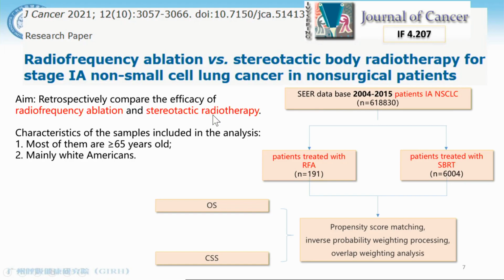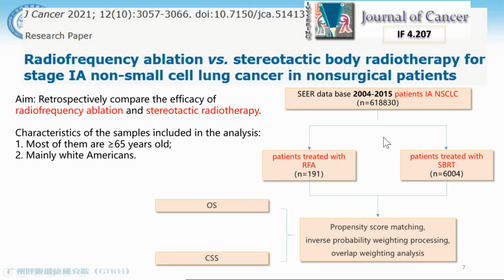Here's another paper just published this year. It's a retrospective study, with data from the USA on NSCLC.